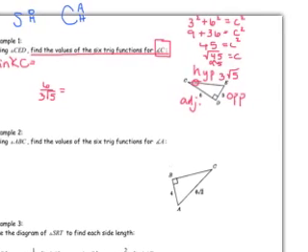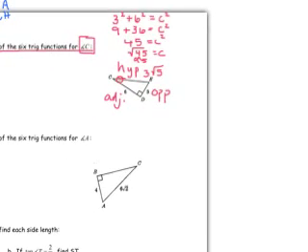So the other 3 were cosecant, secant, and cotangent. So cosecant of angle C is equal to, and now let me write this again. TOA. So cosecant is the reciprocal of sine.